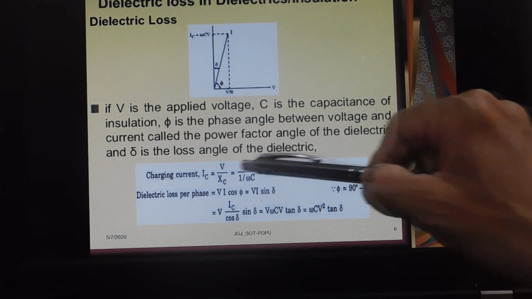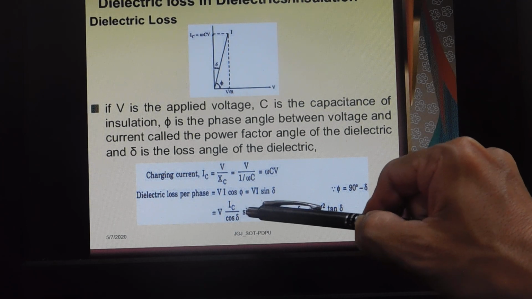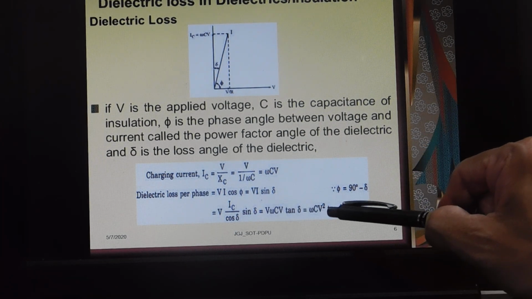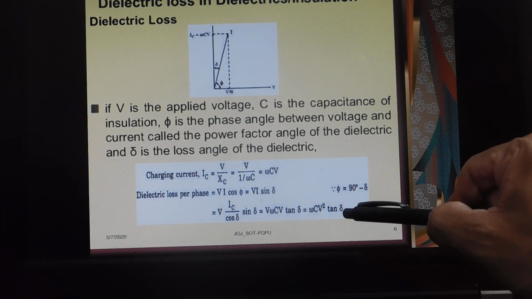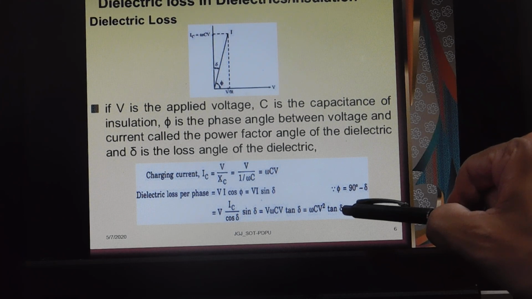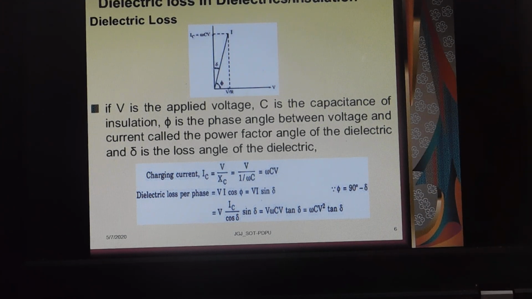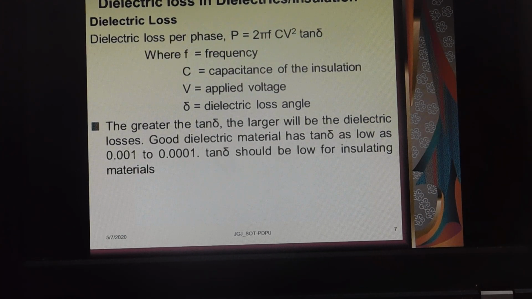So you can see the dielectric loss is directly proportional to tan delta, the loss factor or dissipation factor. The value of tan delta for the insulating material should be as low as possible in order to reduce the dielectric loss.